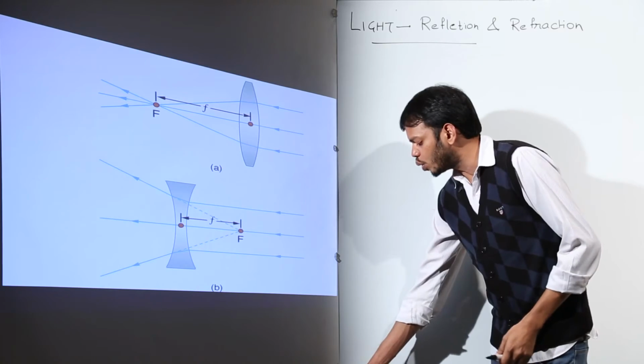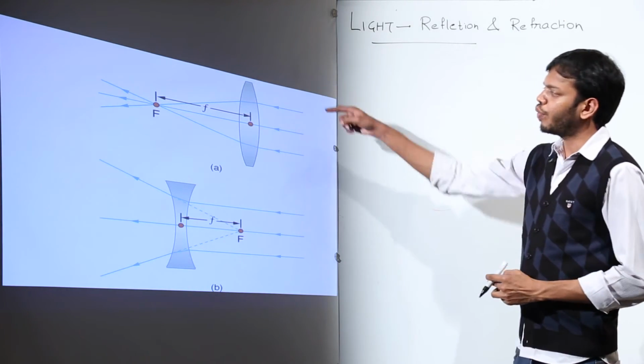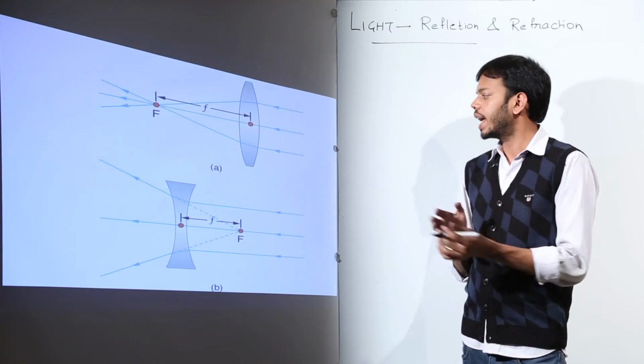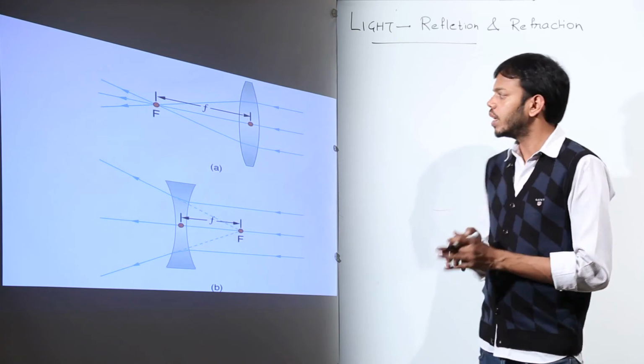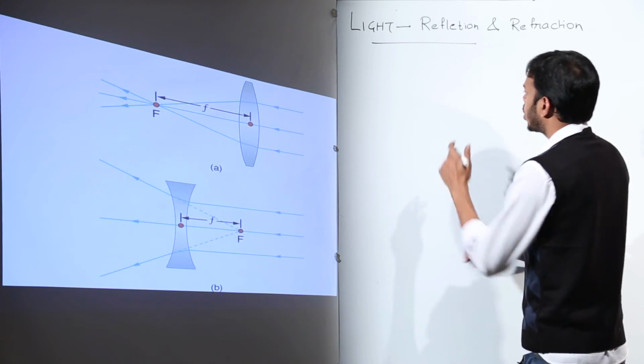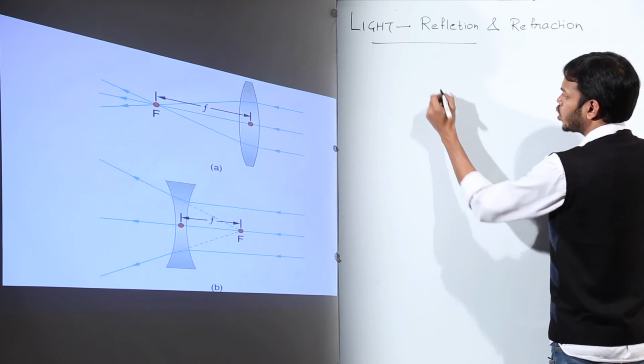This figure shows us why a convex lens is called converging, whereas a concave lens is called diverging. Let me talk about the rays first. I'll talk about all those three rays.